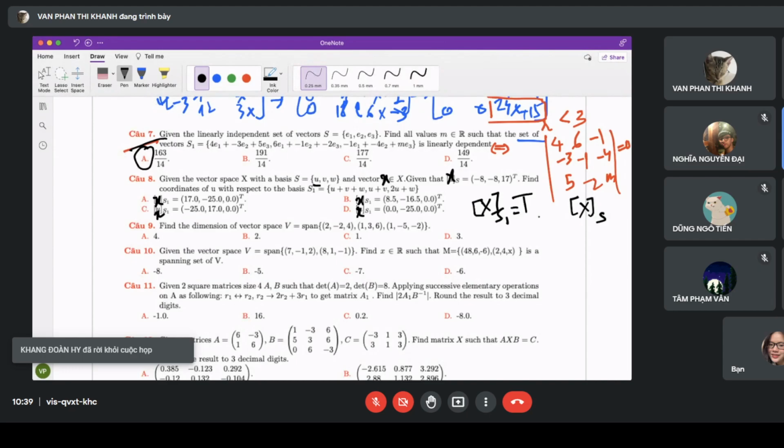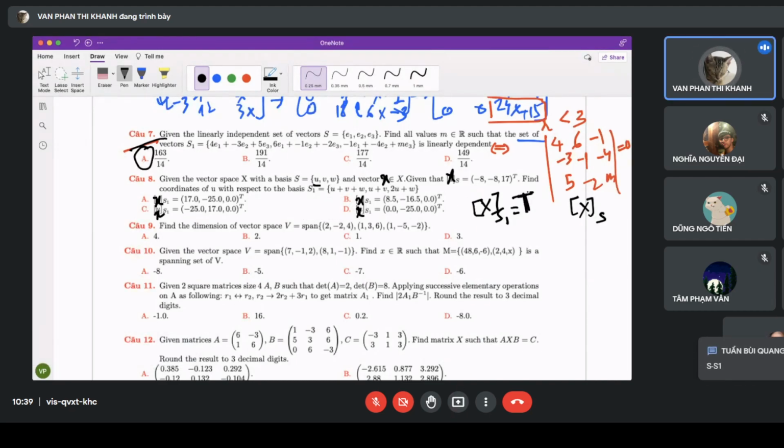No, I mean the transition matrix here is from which basis? S to S1. And S to S1 means that the column vectors here are the coordinates of which vector? With respect to S or with respect to S1?